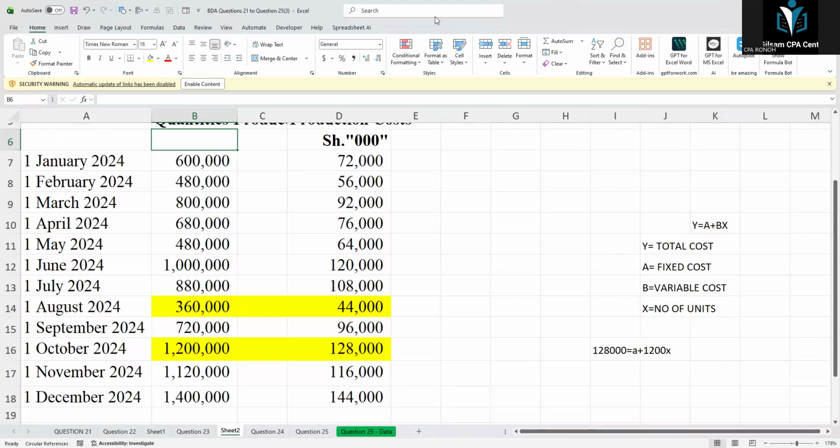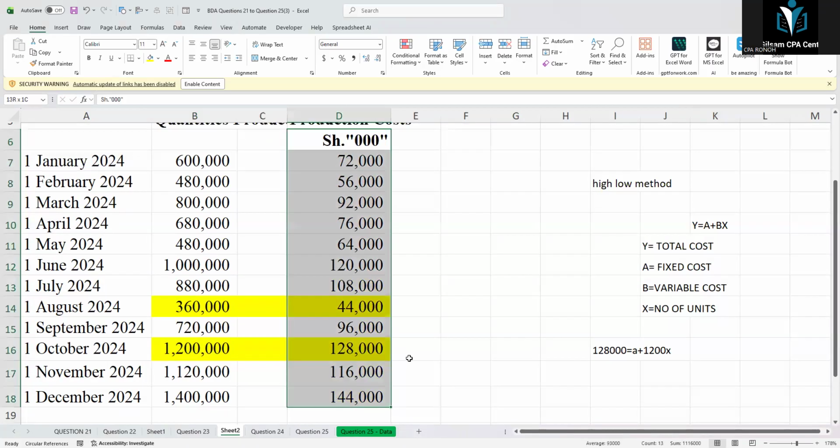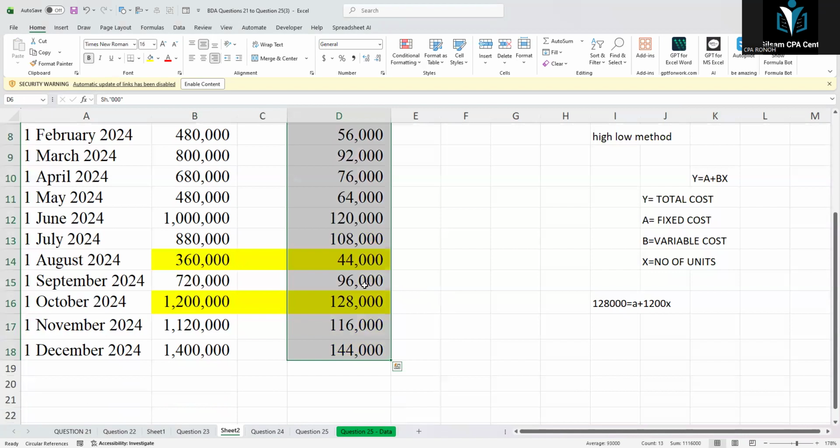Are you able to see the screen? Yes. Why have you chosen 128,000 as the total cost? Because we are using the high-low method. Okay. So the high-low method is you pick the highest value in the list of cost.